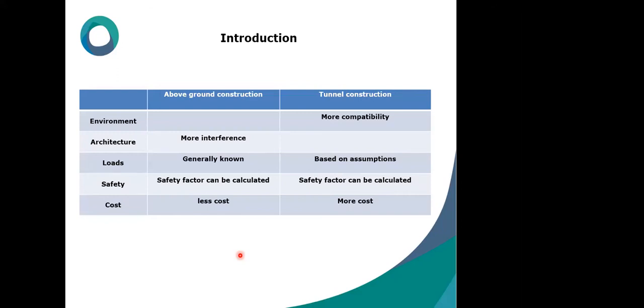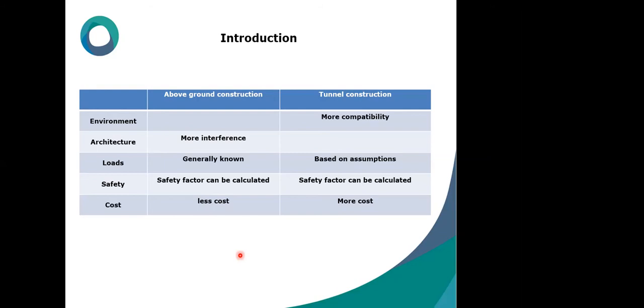Here is a comparative table between above ground construction and tunnel constructions. From an environmental point of view, tunnel construction is more compatible in comparison with above ground construction. From an architectural point of view, above ground structures have more interference.